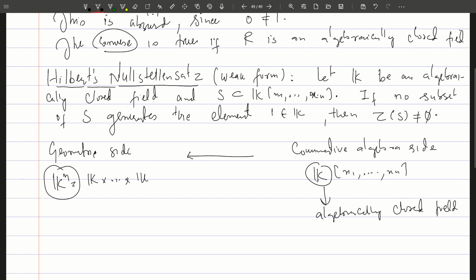One can look at this set. This is actually a finite dimensional vector space over K. In particular, it is the n-dimensional space.